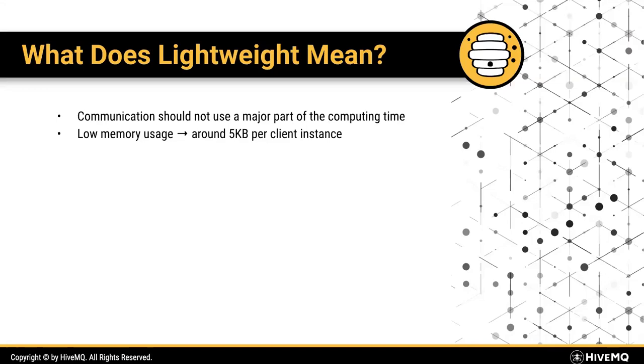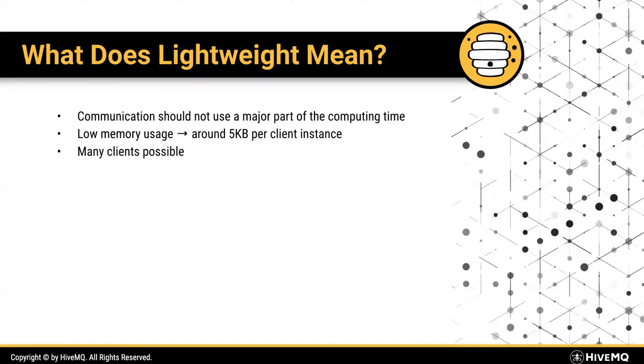And to have a number for this, the HiveMQ MQTT client needs around 5 kilobytes of memory per instance. So this is not a lot, but you can really rely on the robust delivery guarantees of MQTT, although you have just such a lightweight client instance.